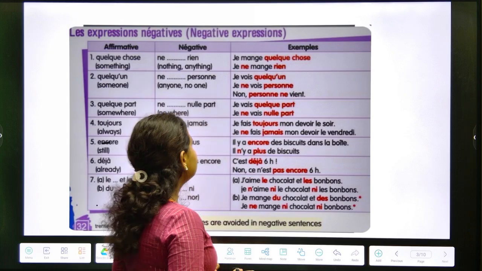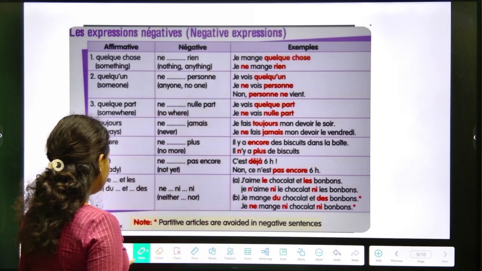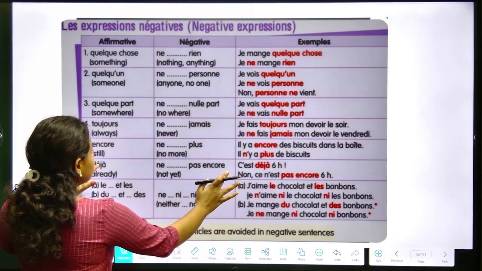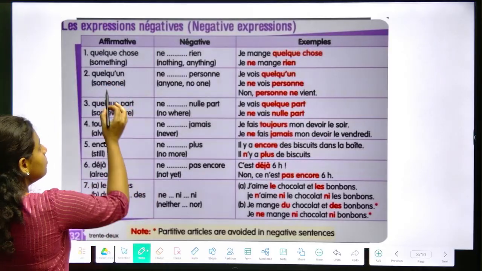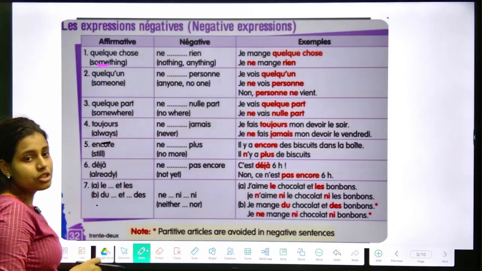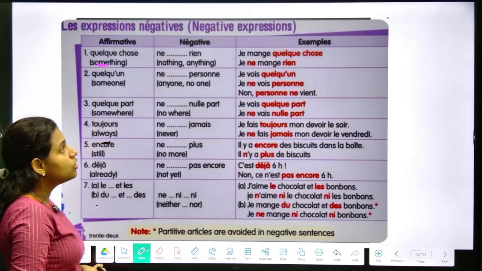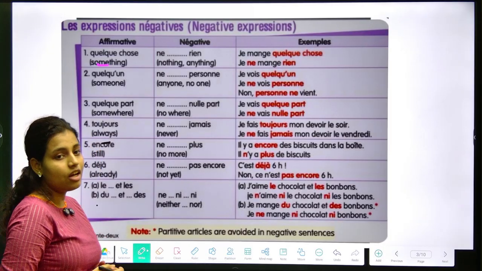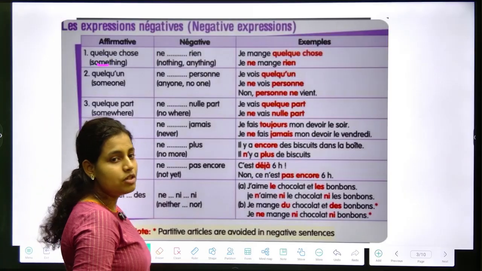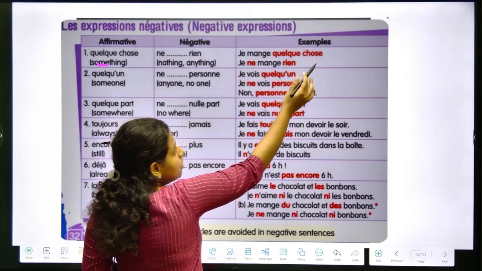So the very first negative marker which we have here is quelque chose. Quelque chose, as you know, in French, means something. So what is the negation for quelque chose in English? It is nothing or anything. The statement which we have here is je mange quelque chose.